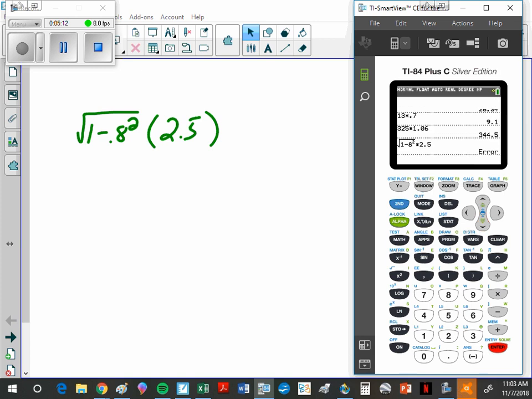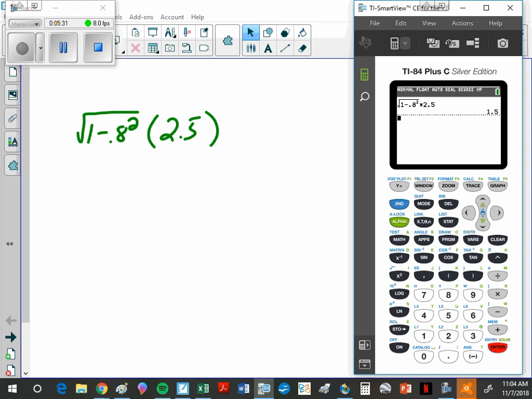And I get error. What did I do wrong? Oh, 0.8. There we go. 1.5. And notice that is smaller than the SDY.